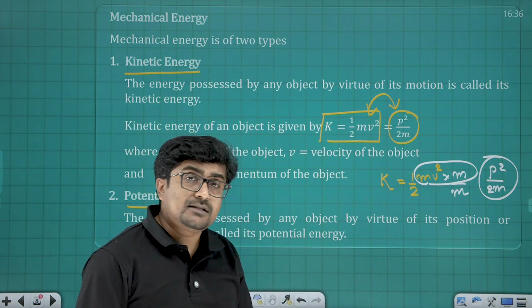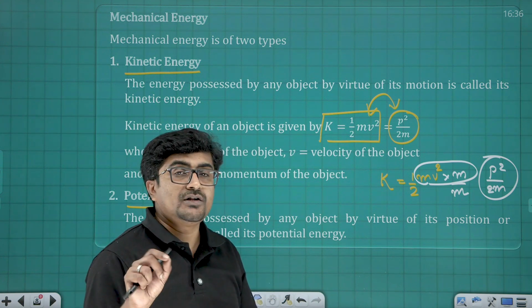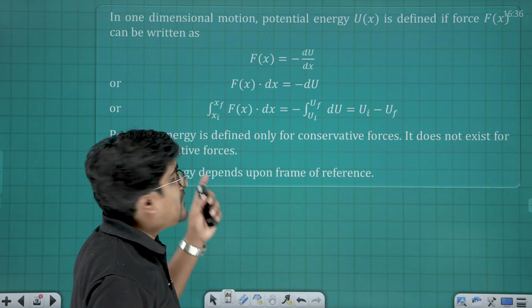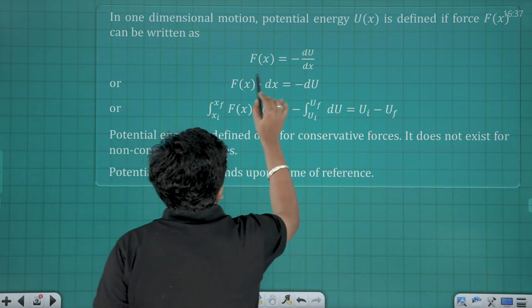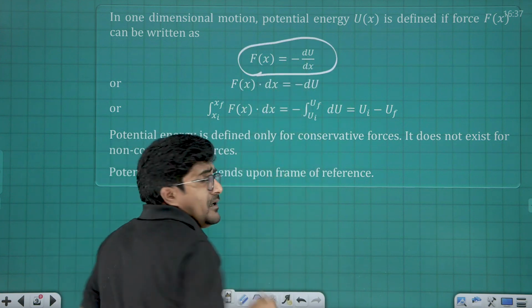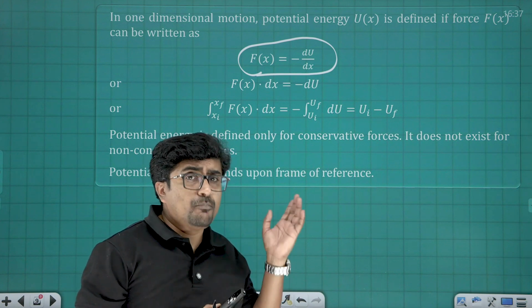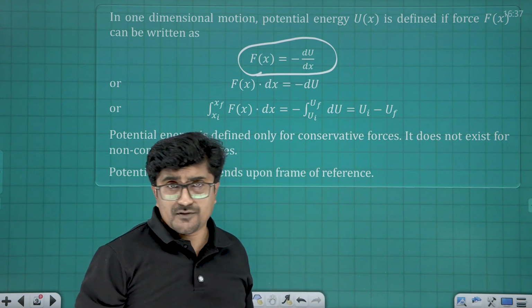Potential energy is the energy stored in the given system by virtue of change in position or configuration. Here we must know the relation between the force acting on the body and the potential energy of the system.